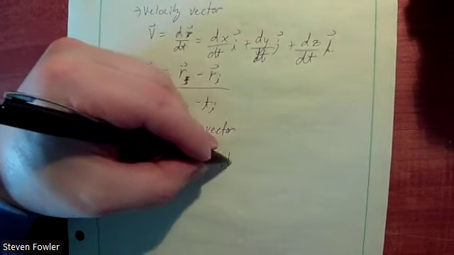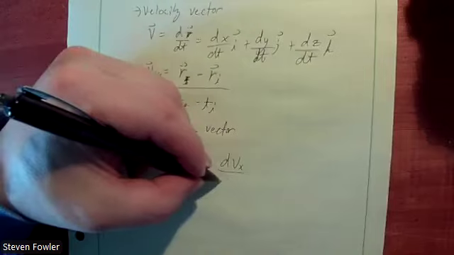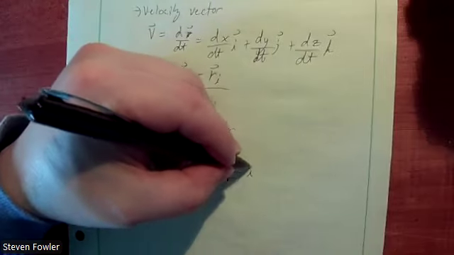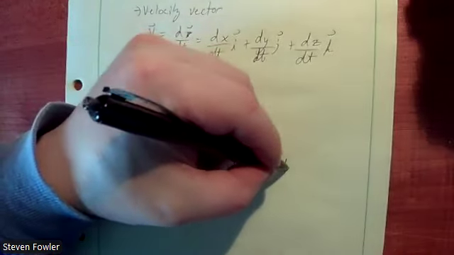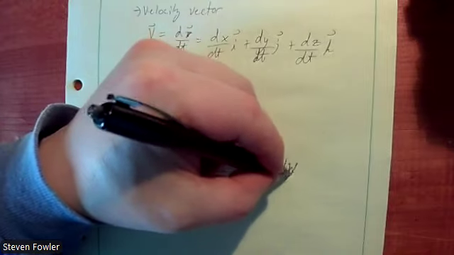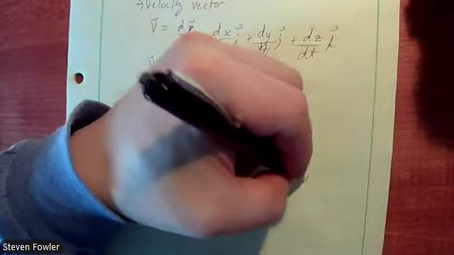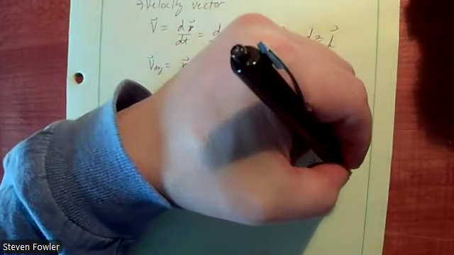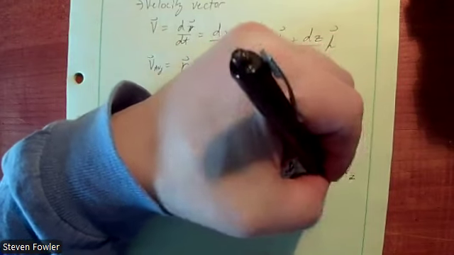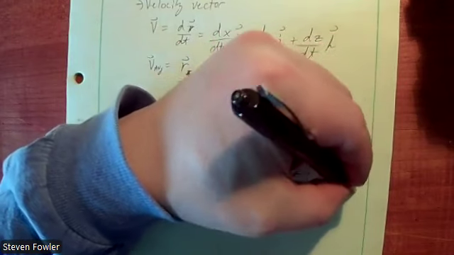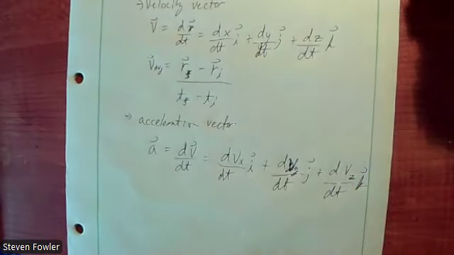So it'd be the derivative of the velocity in the X direction times I plus derivative of the velocity in the Y direction with respect to time in the J. And if we have a Z, derivative of velocity in the Z direction with respect to time times the K vector.